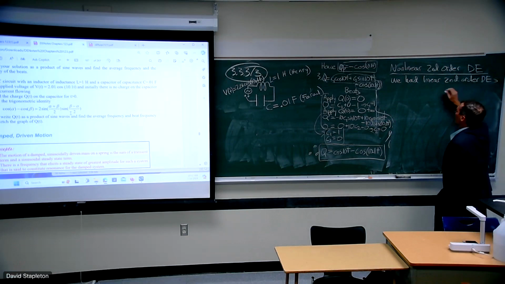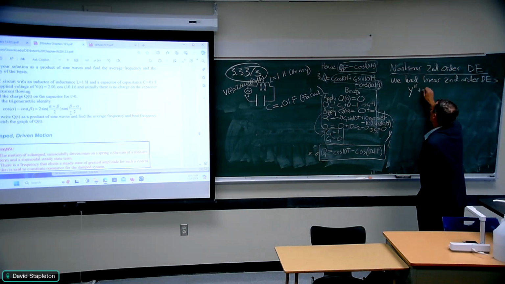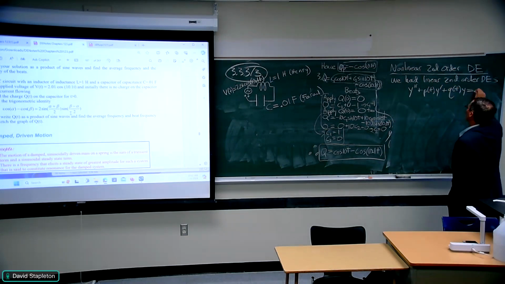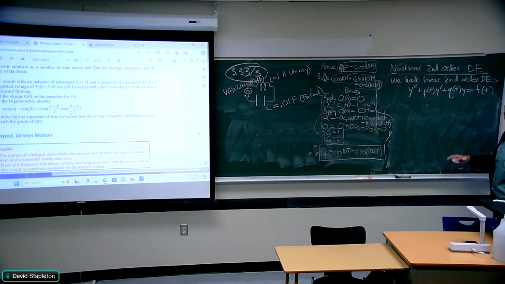They were these: y double prime plus p of t y prime plus q of t y equals f of t, right? That's all fine, and these come up a lot in practice. The reason we spend so much time studying them is there are lots of techniques for them. We learned constant coefficients for an important case. We learned Euler's equations.